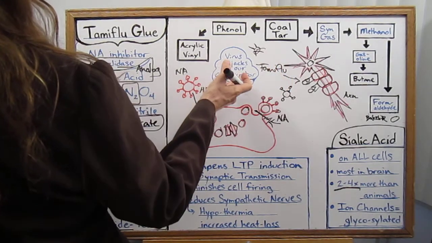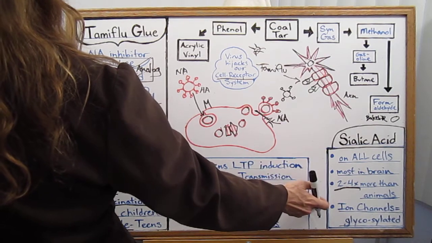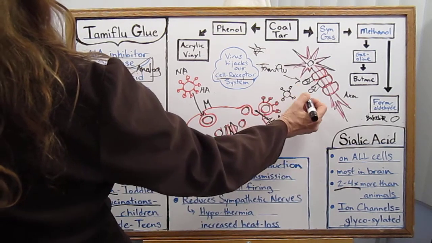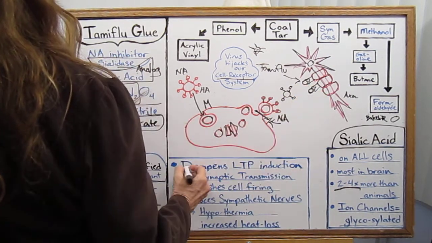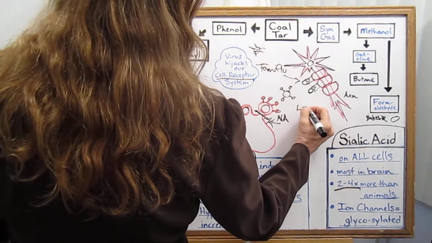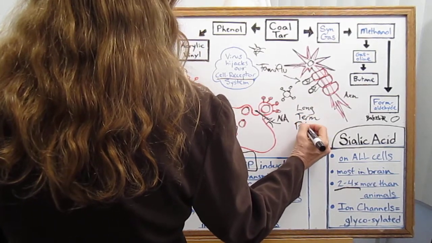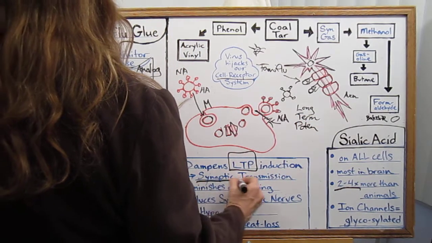Because the virus has hijacked our cell receptor system and is affecting all the cells in our body, particularly the ones in our brain, what it's done, it's gluing up, it's dampening the LTP induction, and that's long-term potentiation, the synaptic transmission of the cell.